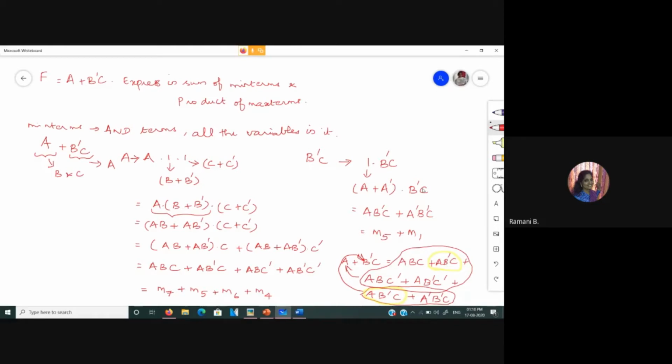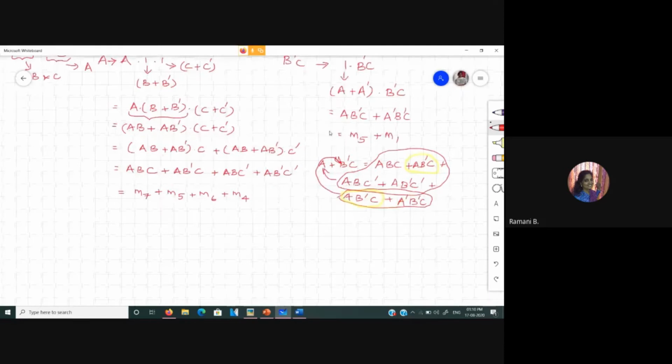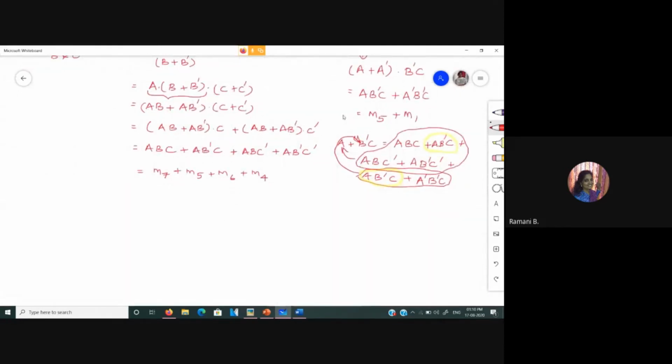By the property x plus x is equal to x, you can write it just once. So our expression will now become a plus b bar c is equal to abc plus ab bar c plus abc bar plus ab bar c bar plus a bar b bar c.